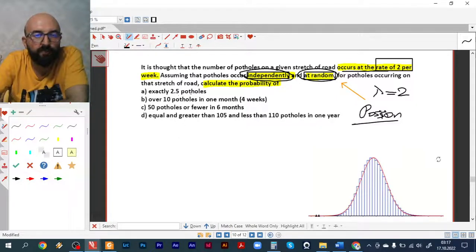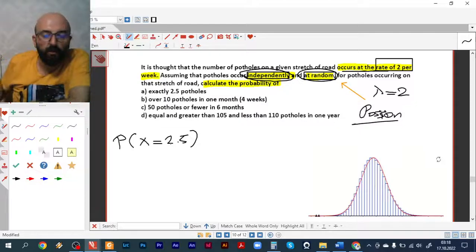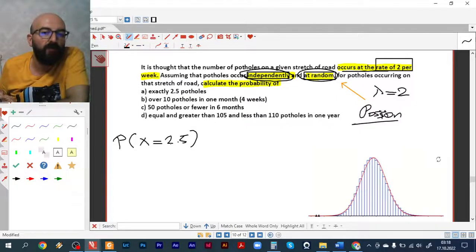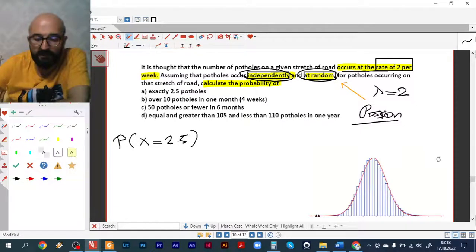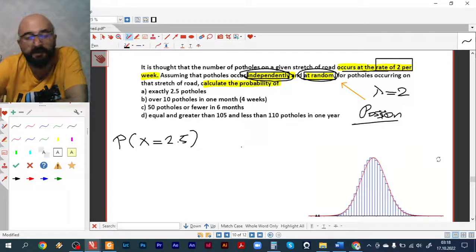Exactly 2.5 potholes, the probability of x exactly 2.5. Certainly you can use the Poisson formula because you want the probability of only one value. But I will use the normal distribution, and I will need to make some adjustments.